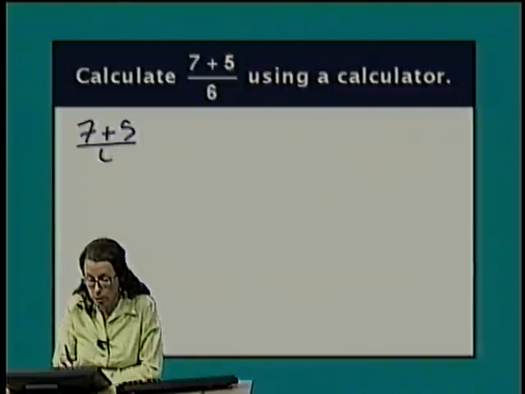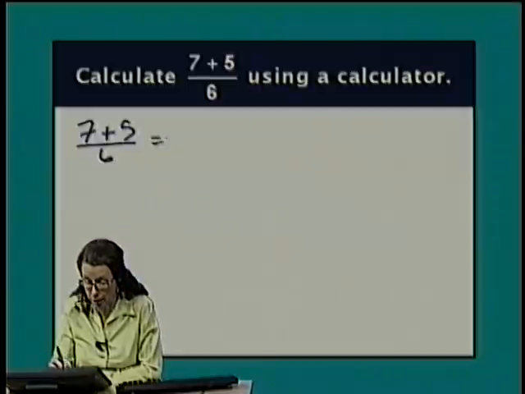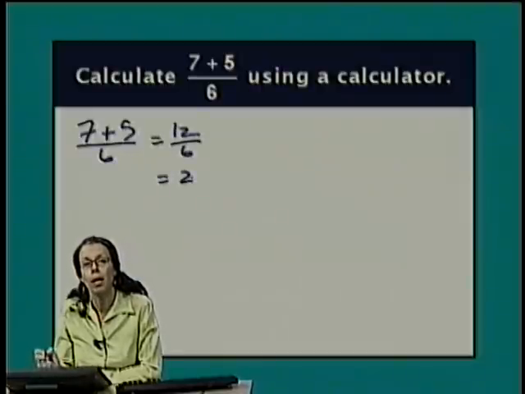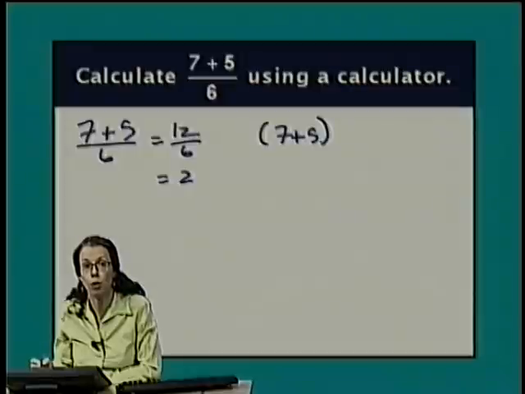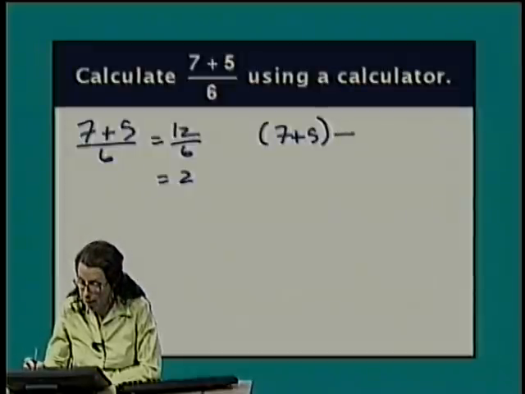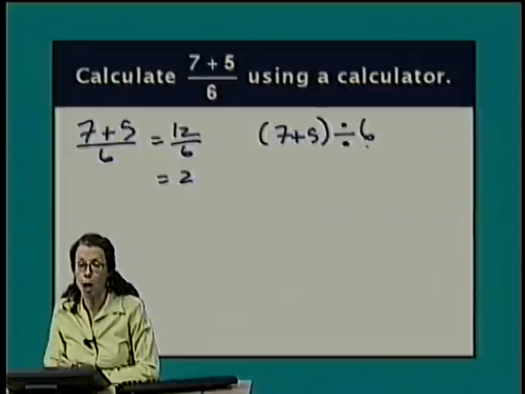I'm going to quickly do the arithmetic here without a calculator. 12 divided by 6 is 2. Now when I pull out my calculator, I'm going to tell the calculator to perform the operation in the numerator first and then divide by the denominator.